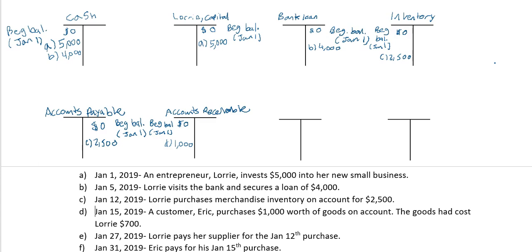This is our newly created asset, which is an amount of money that Eric, our customer, now owes to us. So whenever we make a sale, we have to recognize revenue for that sale. So let's go ahead and make a new T account here called sales revenue.